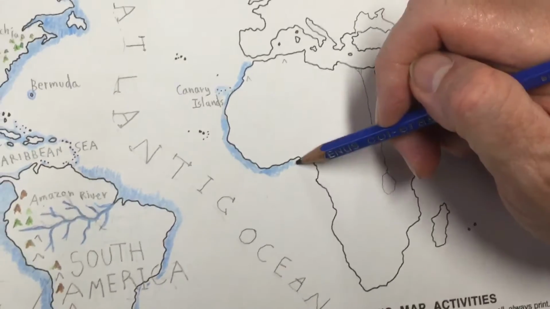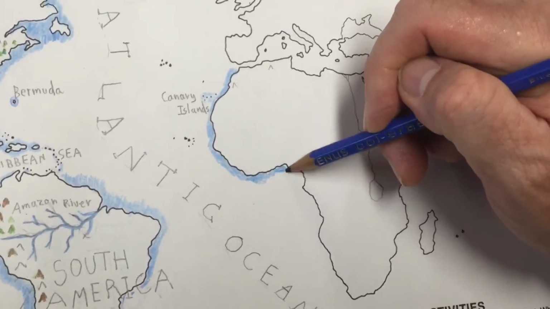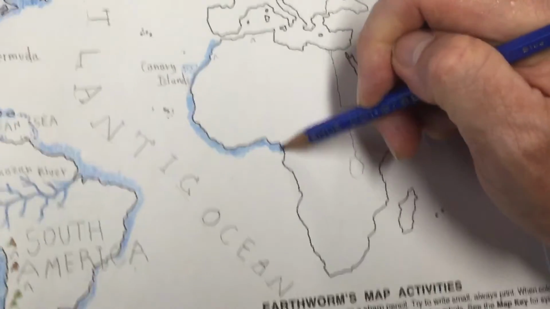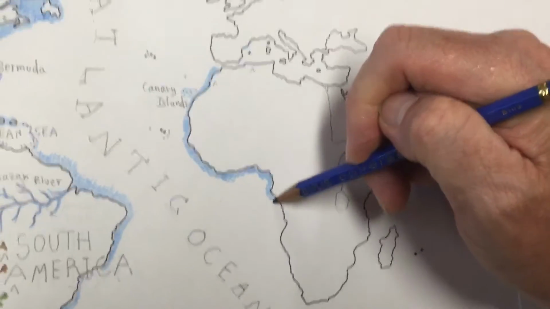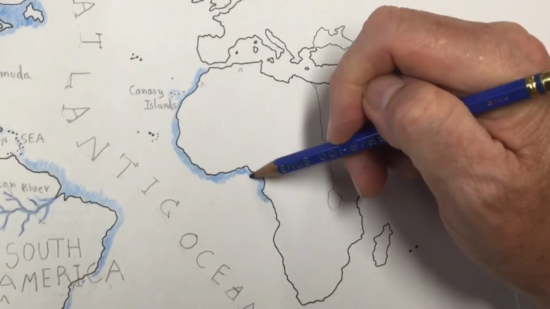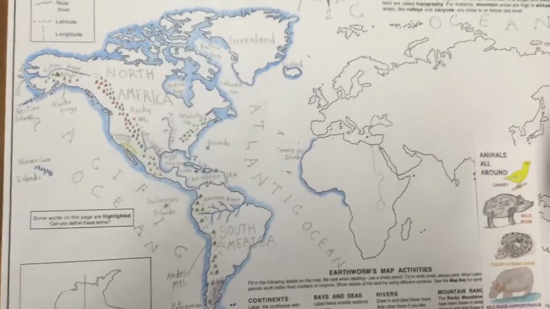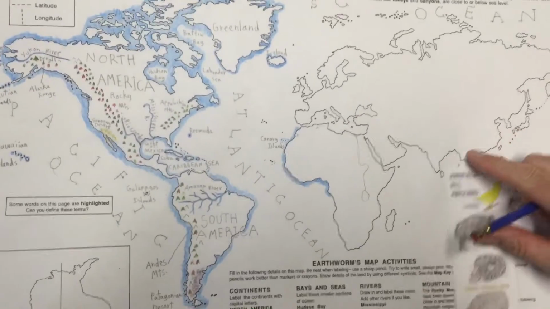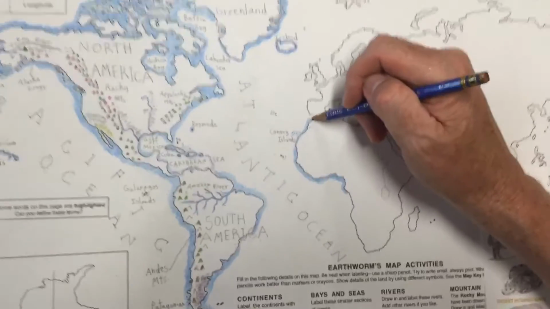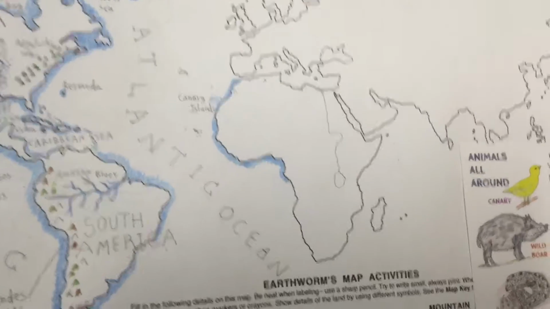This is not something that you have to bang out in a day or two. This is something that you can work on over a long period of time, and little by little, even if it takes you the whole school year to do this map, you could work on it in little bits and pieces.